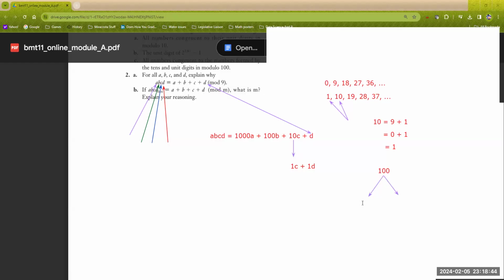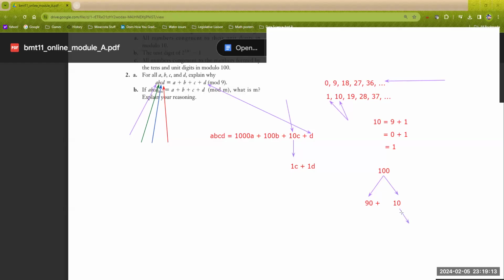Now 100 would be the same as 90 plus 10. 90, though, is going to be in this top group because it's a multiple of 9. Any multiple of 9 is equivalent to 0. So really, this 90 is equivalent to 0, and 100 is actually the same as 10. But a minute ago, we said that 10 is the same as 1.